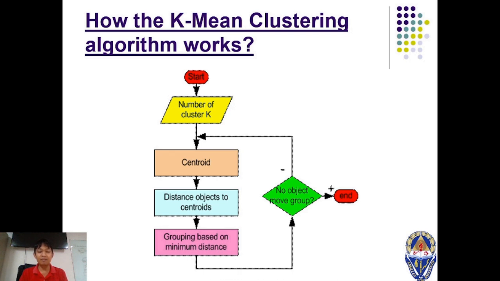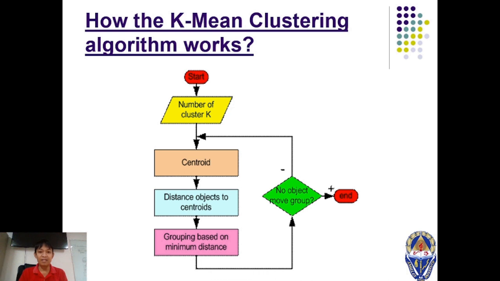This diagram represents the flowchart of how the k-means clustering algorithm works. From initialization, it sets the number of clusters k. Then it processes the centroids, computes the distance of objects to centroids, and groups them based on minimum distance.